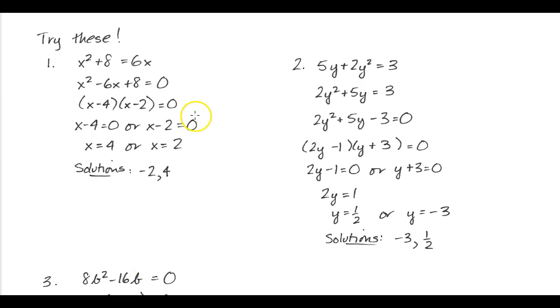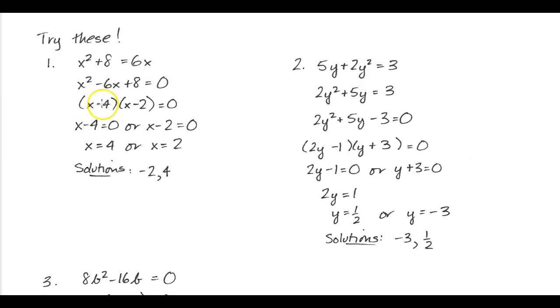So these are the solutions to the try these problems. So in the first equation we have x squared plus 8 equals 6x. We want to just make sure we write that equation in standard form. So I subtracted 6x from both sides, so we have x squared minus 6x plus 8, which is ax squared plus bx plus c. A is 1, b is negative 6, c is 8.